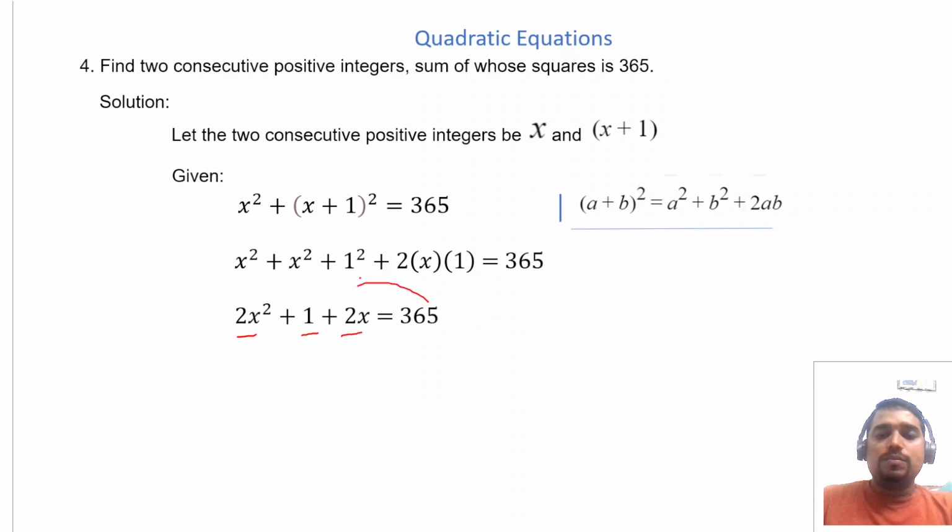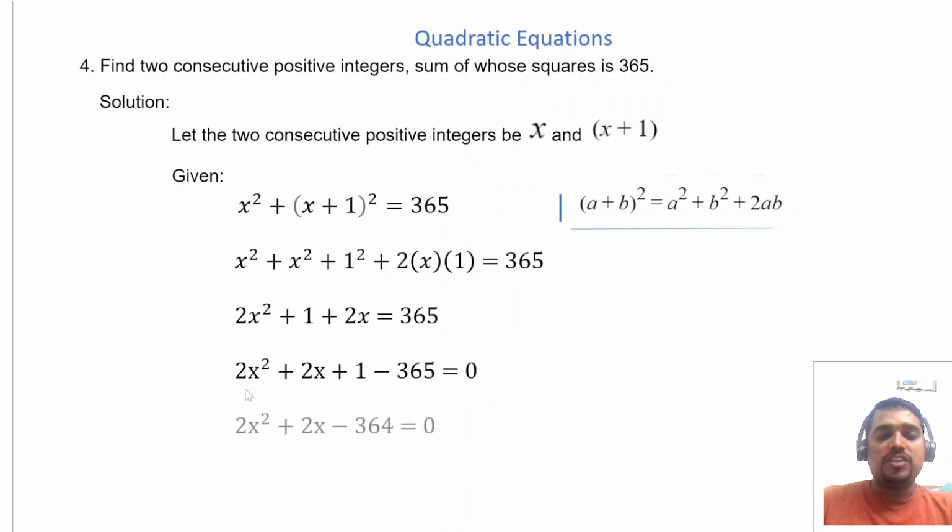Now in order to simplify, take this 365 towards the LHS. Upon transpose, plus 365 would become minus 365. Now let us write the terms on one side, that is 2x square plus 2x plus 1 minus 365 equals 0. This minus 365 is obtained by doing a transpose of plus 365.